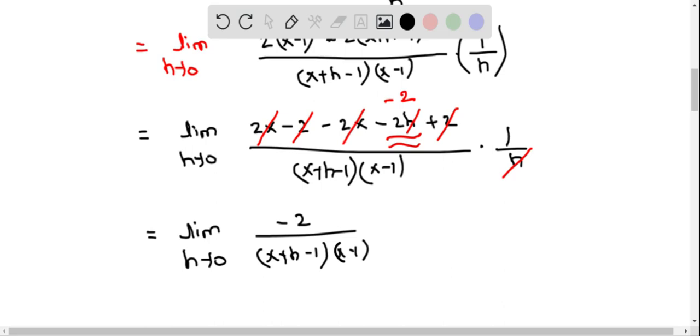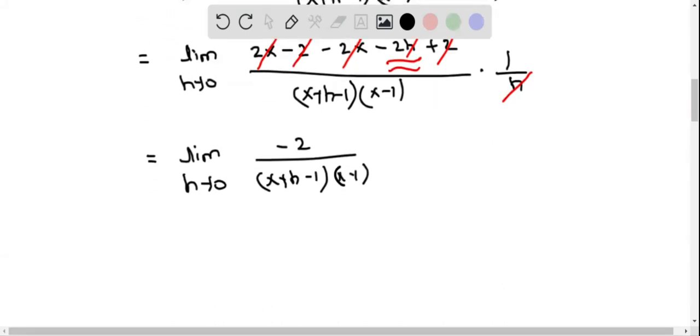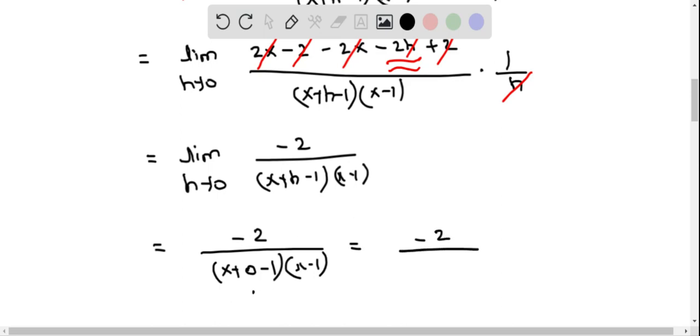Now we can do the substitution of h equal to 0. So it becomes negative 2 divided by, in place of h, I put 0, so this becomes x plus 0 minus 1 times x minus 1, which is x minus 1. Product of the two similar terms will be the square of the term, so we can put this as x minus 1 quantity squared.